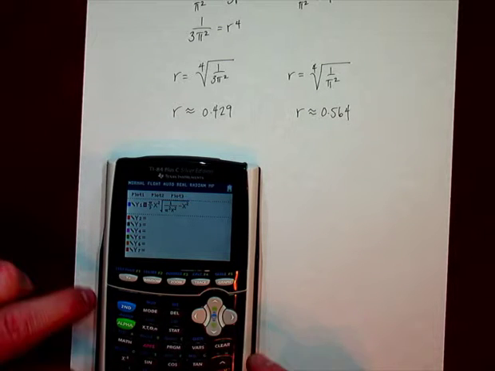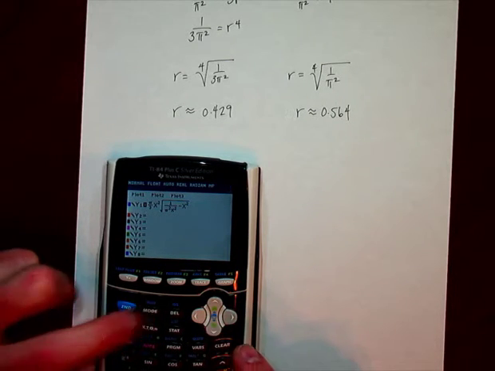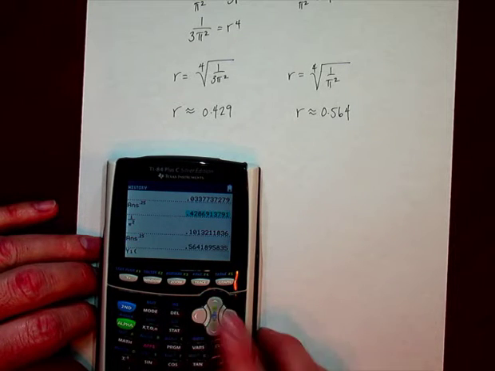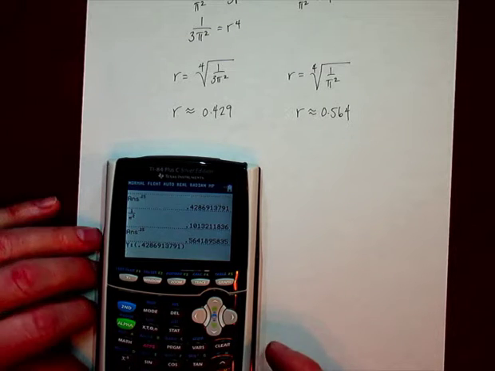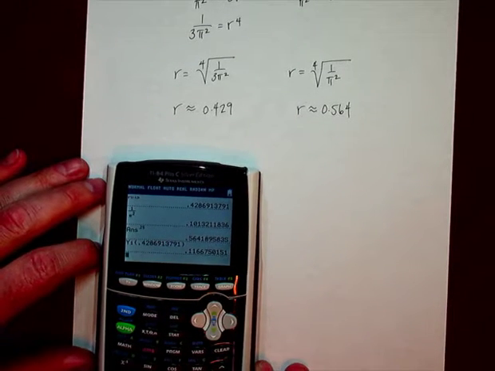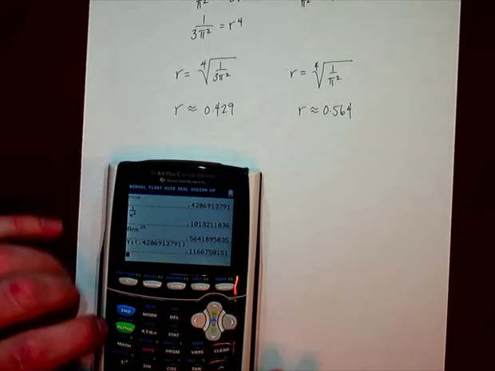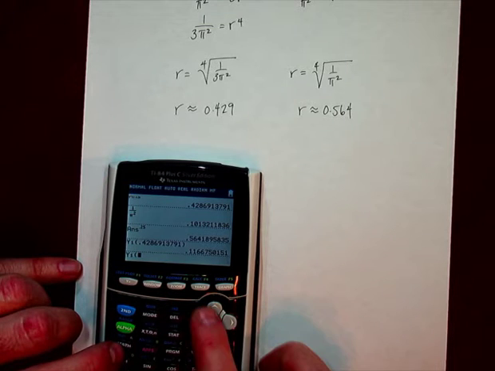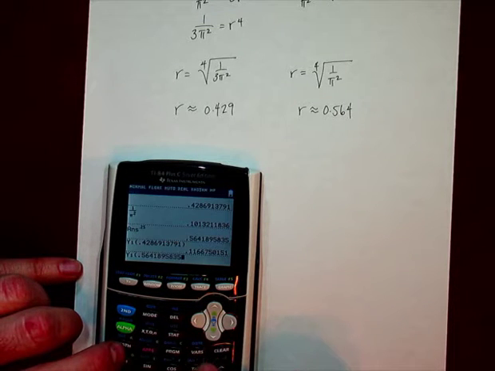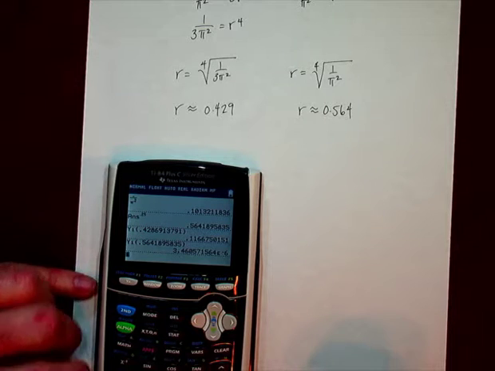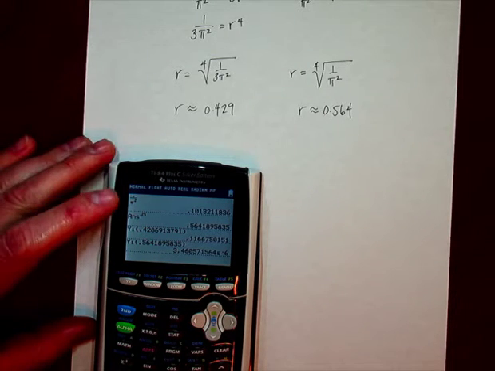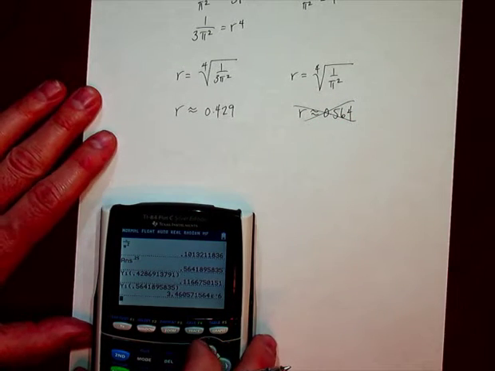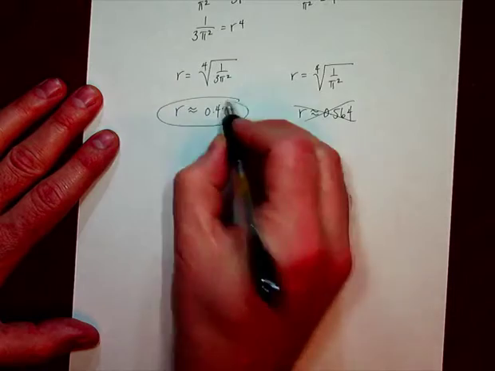So now let's graph that, and when we evaluate y1 at that value, we're going to get a volume of 0.117. If we evaluate y1 at this value, we're going to get basically 0, okay? So this one is not going to be our maximum. This one is going to be our maximum.